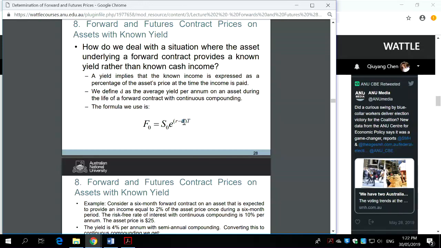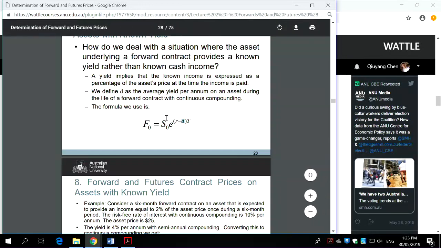So once I receive the dividends, I can use that money to help me reduce the interest payments that I need to repay to the bank. Remember, in month number 3, not only do you need to repay the loan, but you also need to repay any interest that accrues on the loan. So that's why in month 3, not only do you need to return S0, but also S0 times e to the power of r.